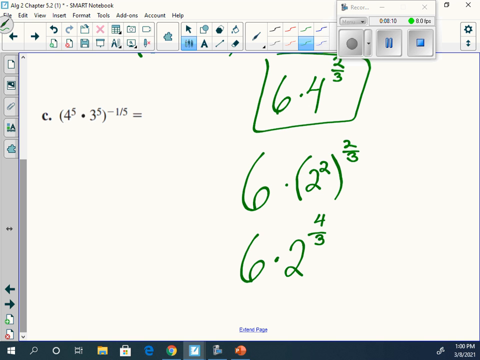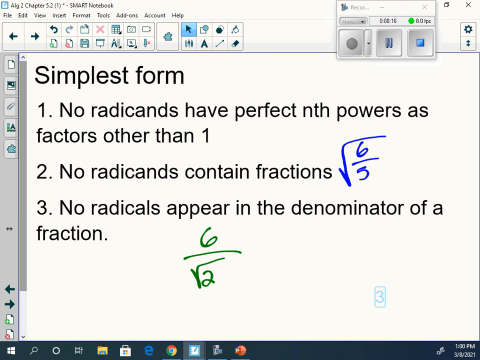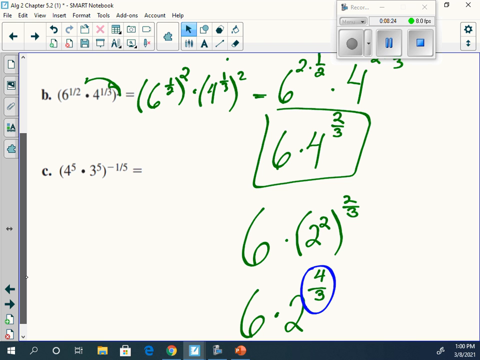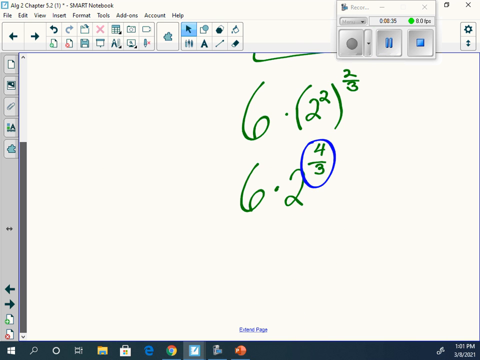Now this here, again, is where this would not be simplified, because no radicands can have perfect nth powers as factors other than 1. Because the numerator is bigger than the denominator, what that's saying is that there is a perfect factor in there that we can simplify out.